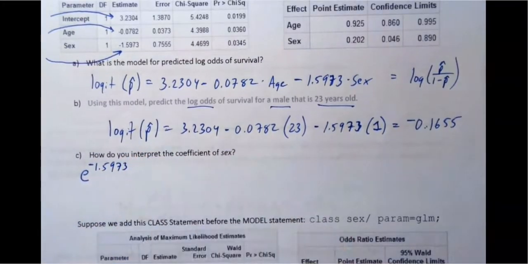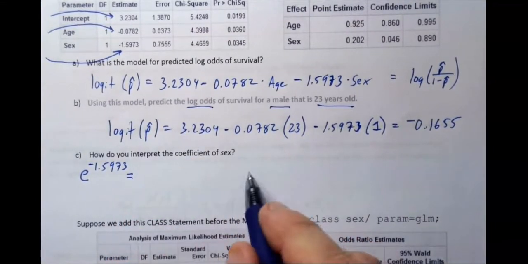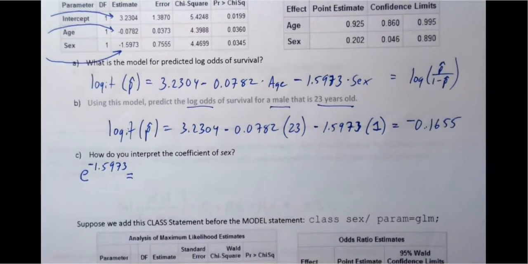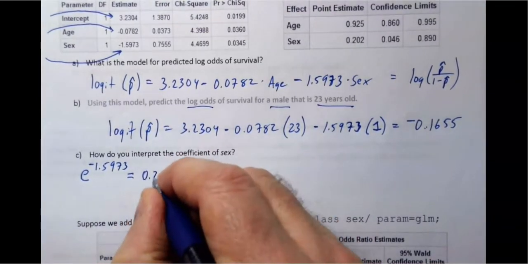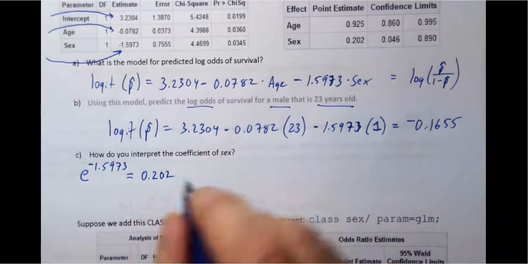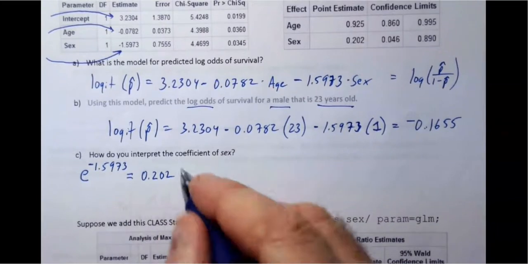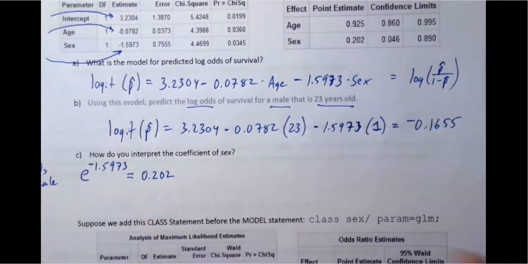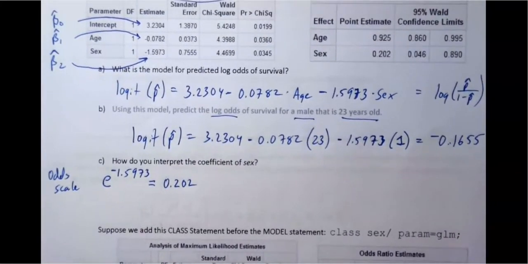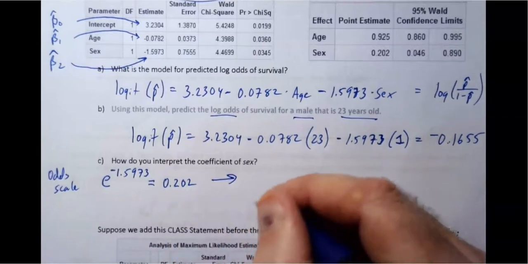Remember, to convert from the log odds scale, we just have to exponentiate the parameter estimate. That would give us 0.202. Remember, I'm switching here to the odds scale to help with interpretation. This is actually an odds ratio.